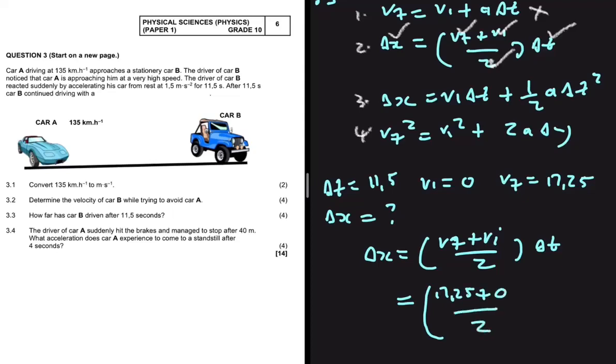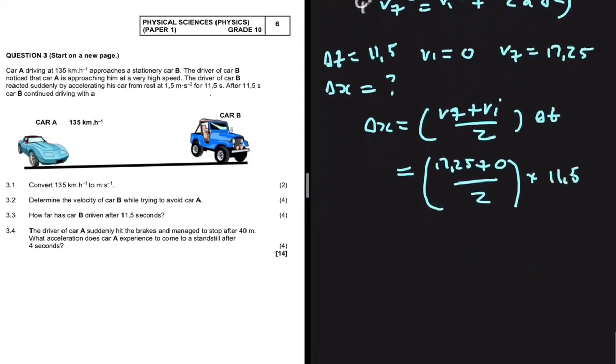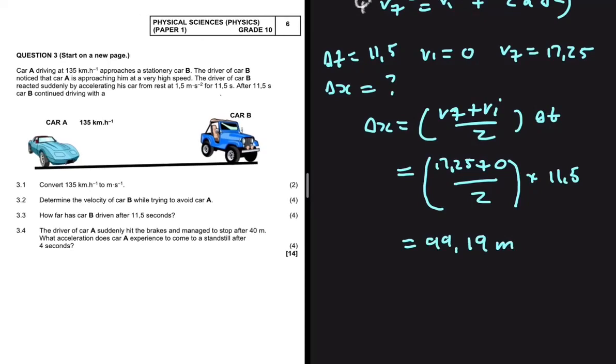Everything divided by 2, multiplied by delta t, which is 11.5. If you put that in a calculator, you should get delta x being equal to 99.19 meters. Well, displacement is a vector, so let's give a direction. If we agree that this is west and this is east, we can say that that is 99.19 meters to the east.